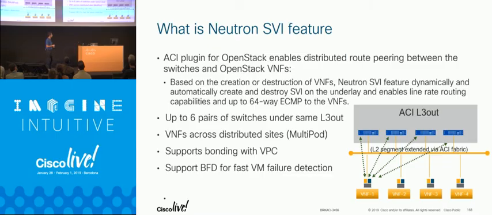Not only that, but ACI will be capable of doing up to 64-way ECMP load balancing if you are doing BGP between the VNF and ACI. So imagine you can grow up to 64 VNF, and they all expose the same service. Each client which wants to talk with that service will have the traffic load balanced per flow using ECMP towards the right VNF.